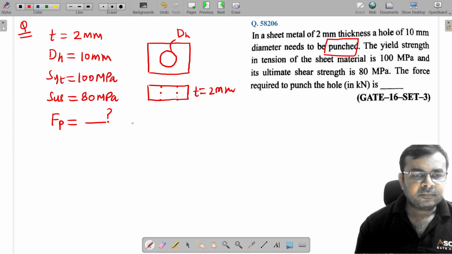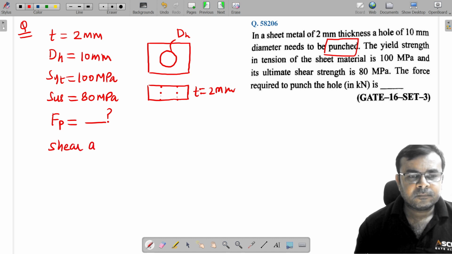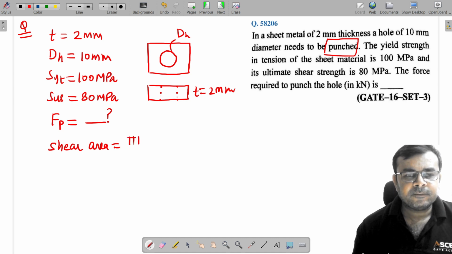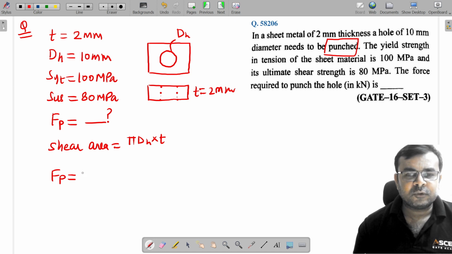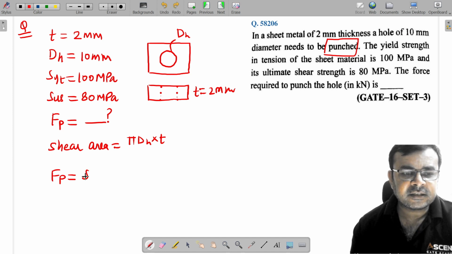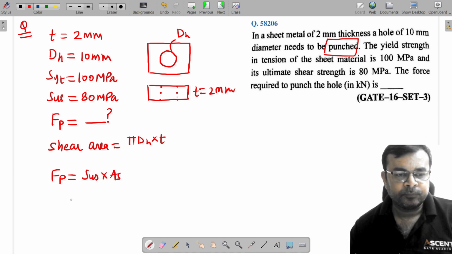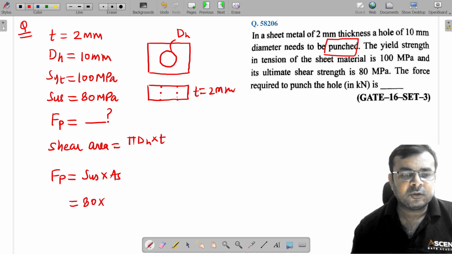So from this, if I calculate the shear area, can I say the perimeter of the circle, pi dh, into thickness, is called the shear area? Yes or no? So the punching force required to shear out this material is equal to the ultimate shear strength of the material into the shear area. So this is 80 into pi, dh is 10 millimeter and thickness is 2 millimeter.